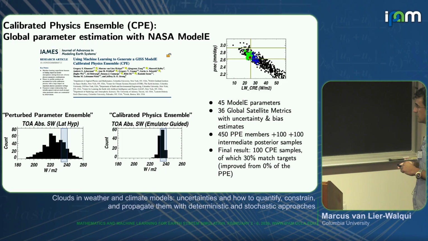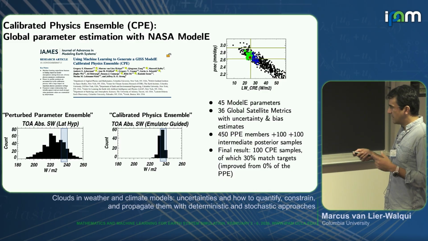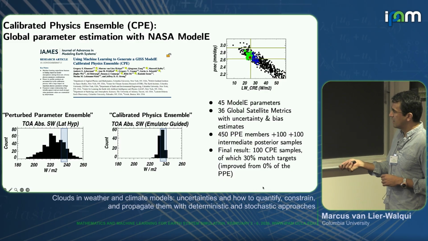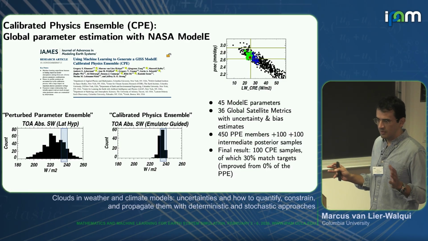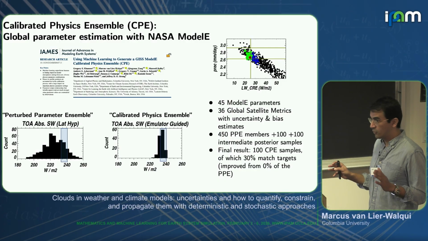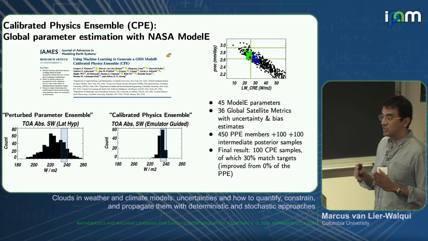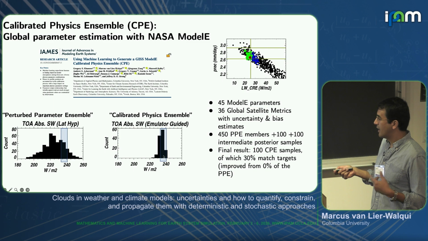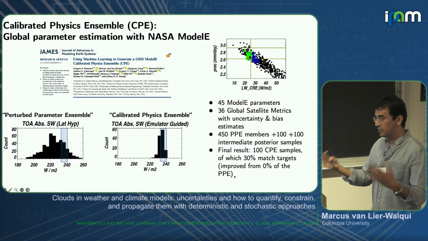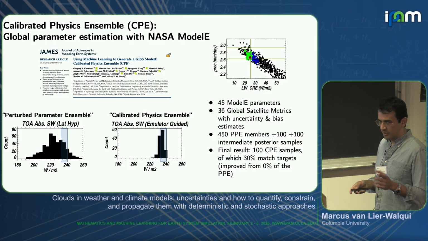The final thing I'll mention here is that for our perturbed parameter ensemble, our prior, zero of the 450 samples match the targets adequately. And then after doing this process of emulator-accelerated MCMC, we get about 30% of our posterior samples matching after we run them through the actual model. So that's also an indication.